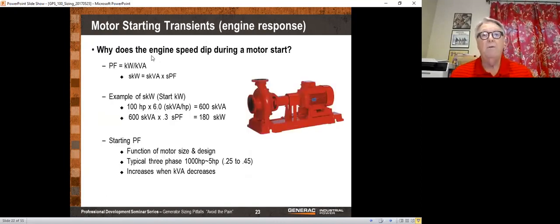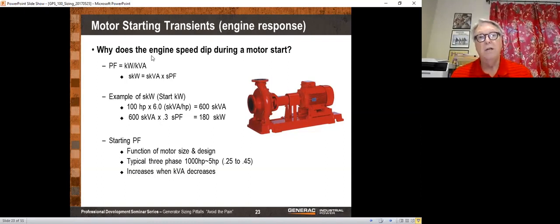All right, power factor is equal to kilowatts divided by kVA. Therefore, if you have a 100 horsepower motor, you multiply times 6, you get 600 starting kVA. Now you multiply that by the starting power factor of a motor, and you end up with 180 starting kilowatts. Now the starting power factor of the motor depends upon the motor, but 0.3 is a pretty good number.